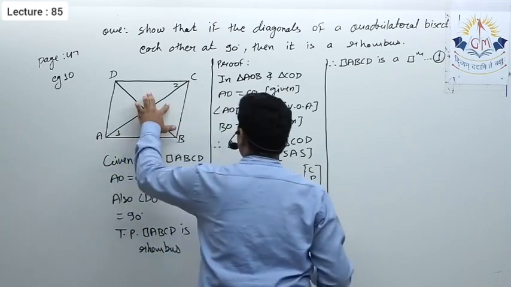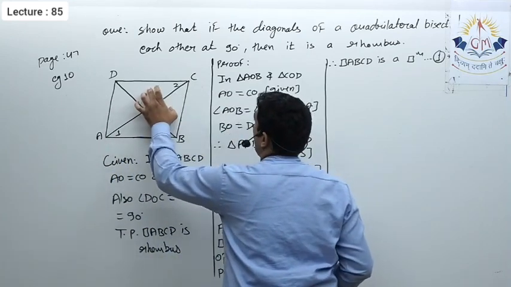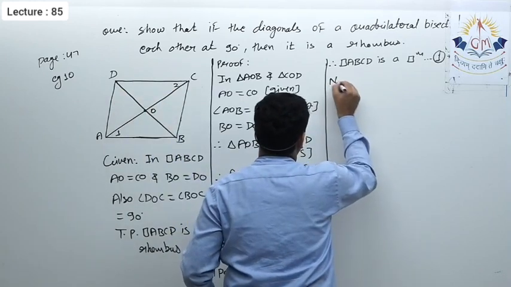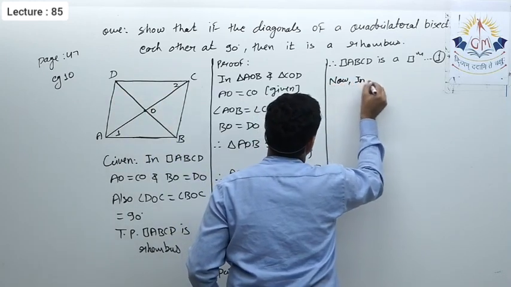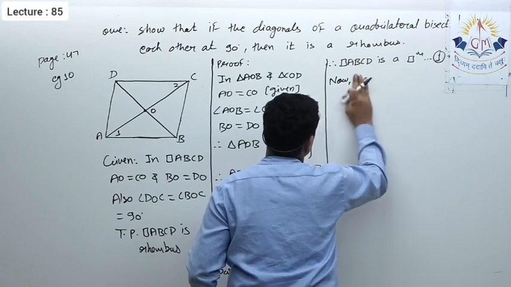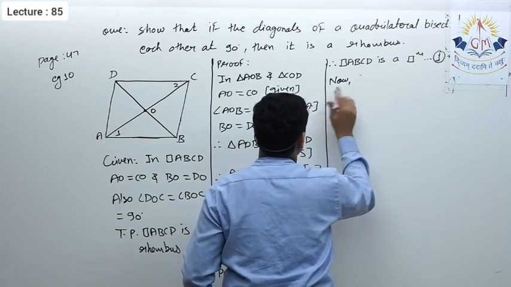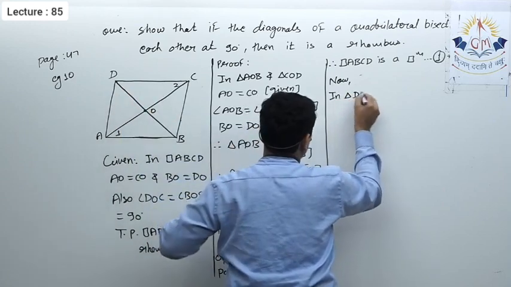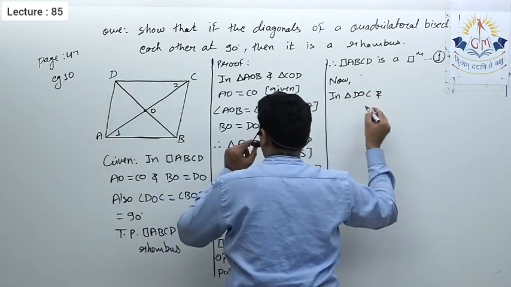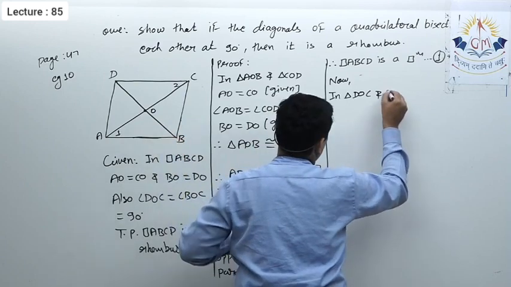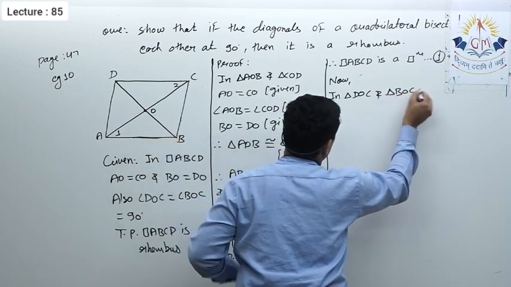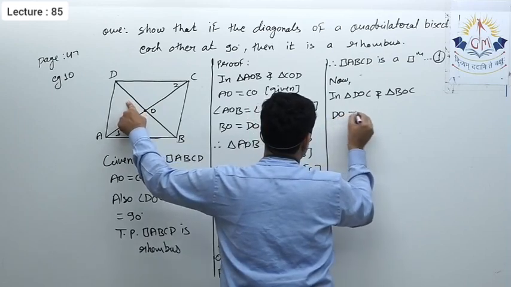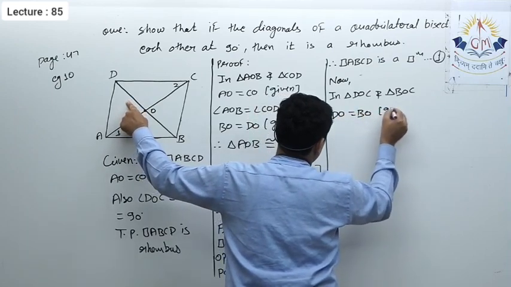So now I will prove that in this quadrilateral any two adjacent sides are equal, and for that I am taking triangles. Now in triangle DOC and triangle BOC, DO is equal to BO, that is given.